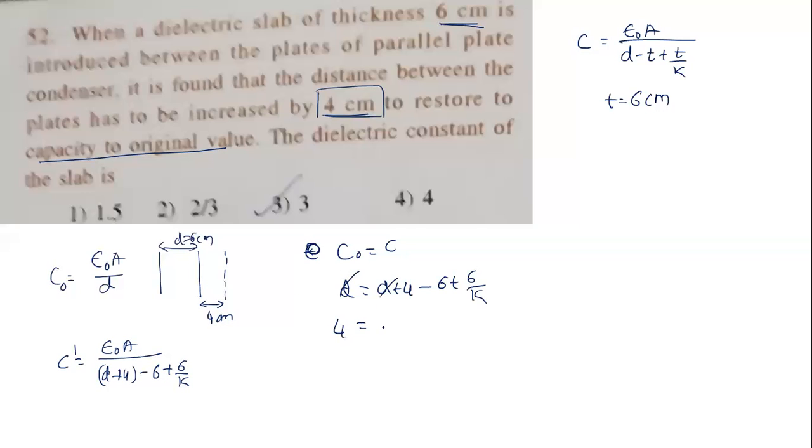It is 4 equal to minus 6 plus 6 by K. Or I can simplify directly: I want the value of K, so 6 by K equals 6 minus 4, which is 2. It cancels 3 times, then K equals 3. So this is the answer.